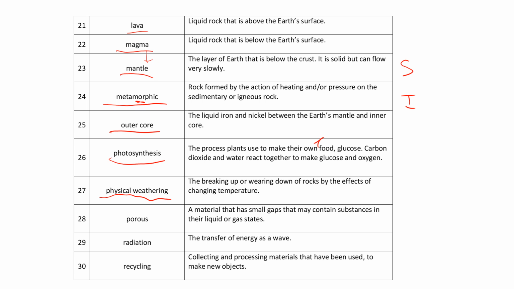A material that has small gaps that may contain substances in their liquid or gas states, okay, so that means there's little holes in it, porous. The transfer of energy as a wave is radiation. Collecting and processing materials that have been used to make new objects, recycling.